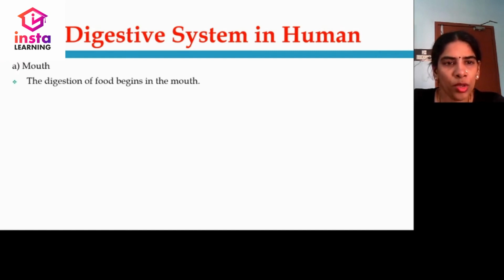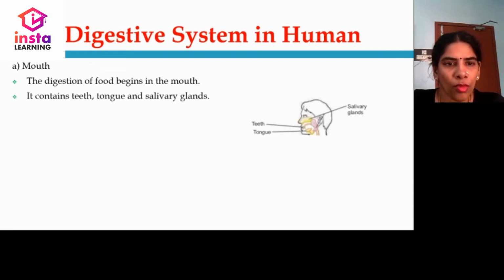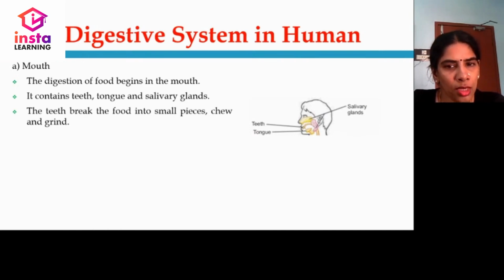Mouth. We know that digestion begins in the mouth, that is the food you are going to eat through the mouth. What is there in the mouth? It contains teeth, tongue and salivary glands. So what do the teeth do? Teeth will break the food into small pieces. They help to chew and grind the food into a soft mass.